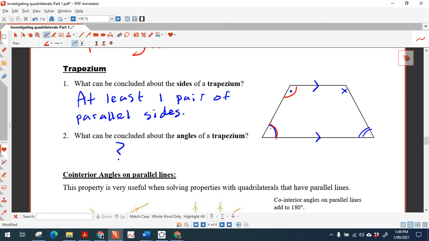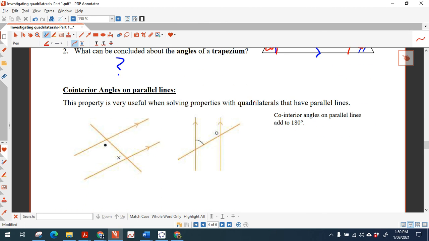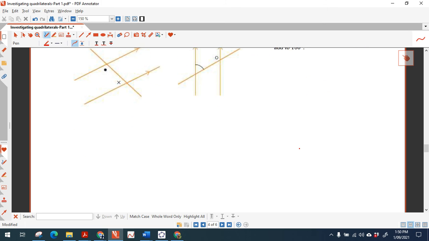So if I call this angle A and this angle B, A plus B is 180 degrees. And same over here, if I call this angle C and this angle D, they're co-interior angles because of the parallel lines, and they also add up to 180 degrees. We're going to use that property, which I've written down here for you, in the following questions.